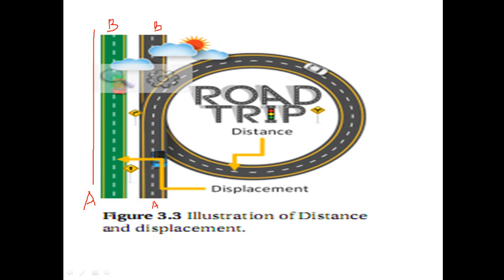You know, if a car starts from point A to reach point B, there are two possibilities. The first one is the shortest way from A to B, that we call the displacement. But the longest journey, the total path, or the entire road trip from point A to B, that we call distance.